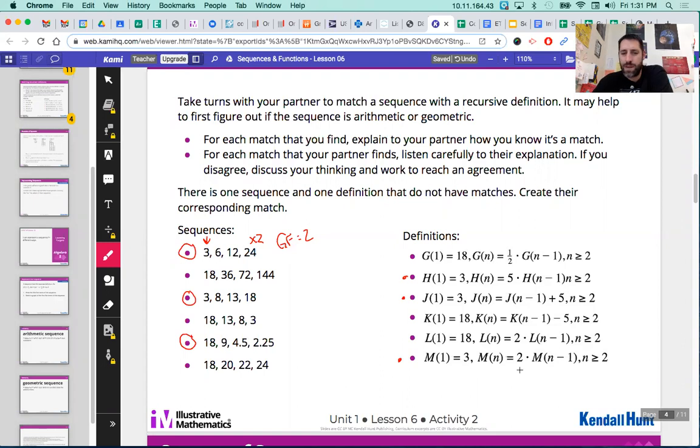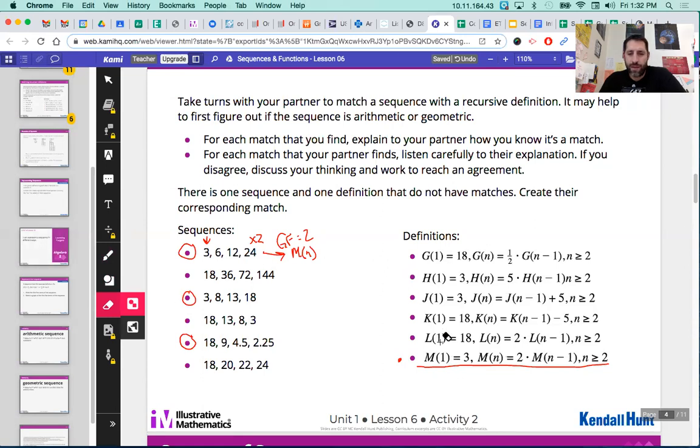Well, the only one that starts at 3 and multiplies by 2 is right down here. Okay, and that is M of n. So we're just going to call this one M of n. All right, so we got that one taken care of. I'm going to leave that underlined over there. Let's get rid of these.